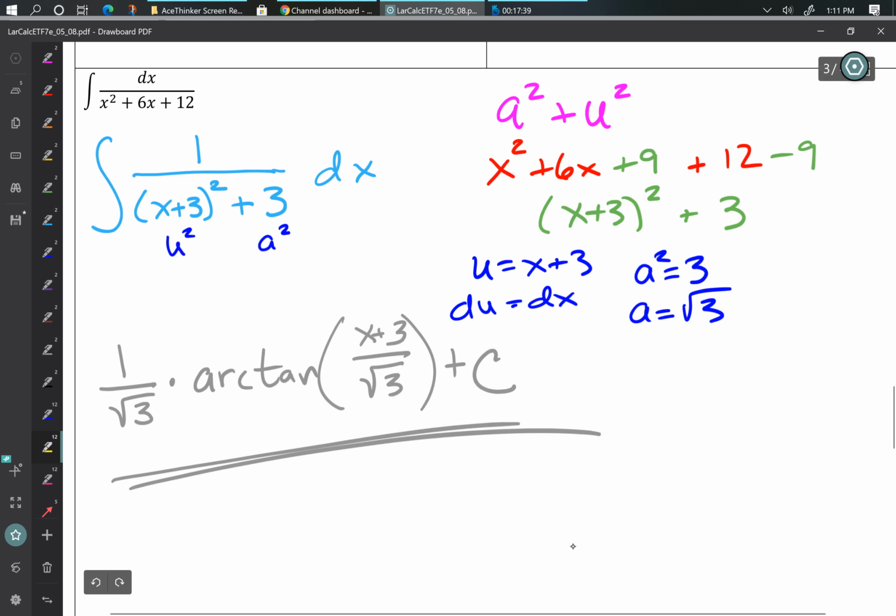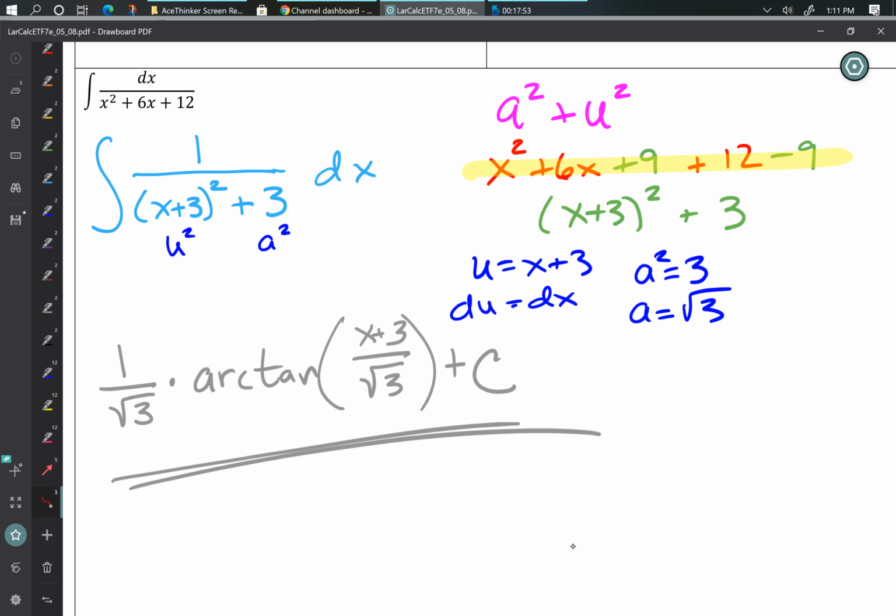And where did that 9 come from? Okay. Well, in completing the square, the constant term of the trinomial is half of the coefficient of the linear term, squared. So I took the 6, divided it by 2, squared it, 3 squared is 9.